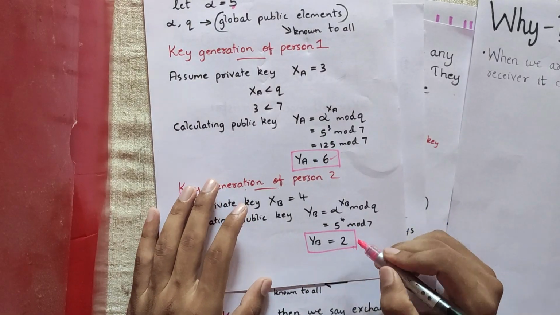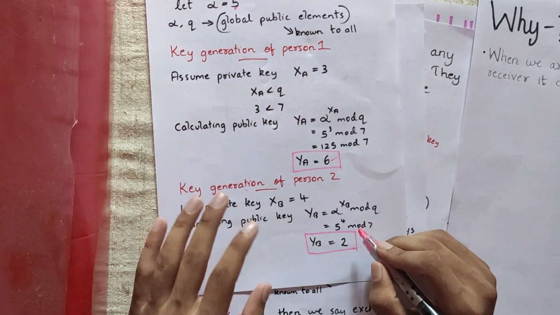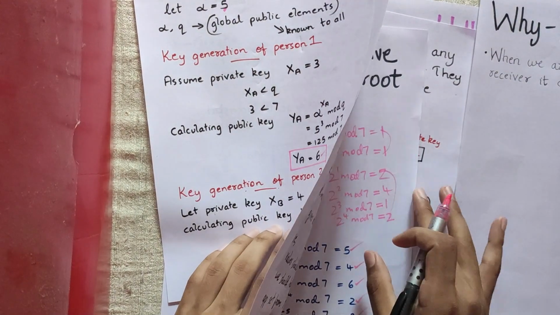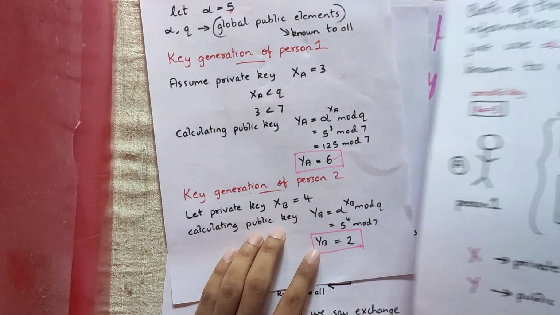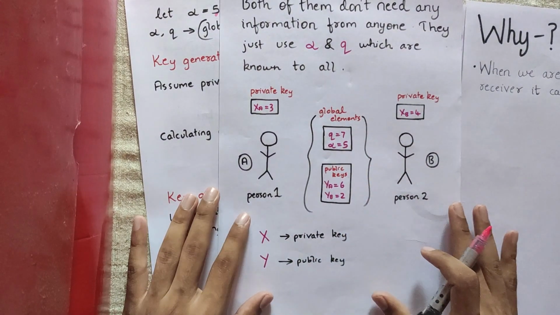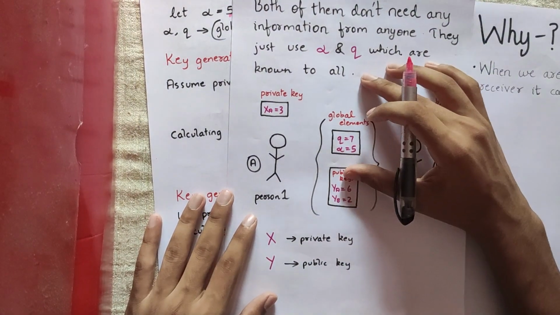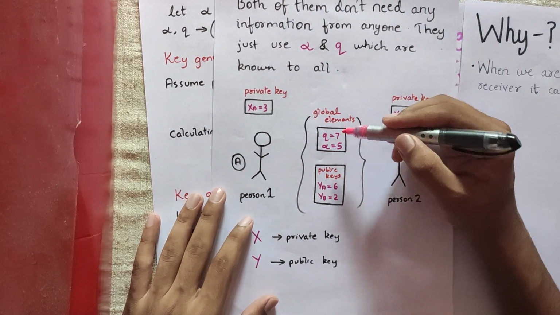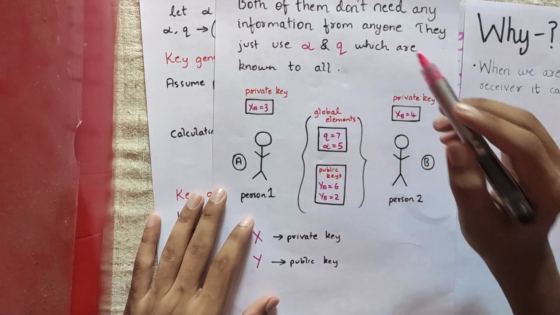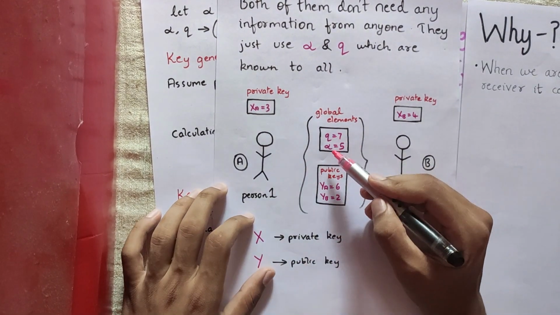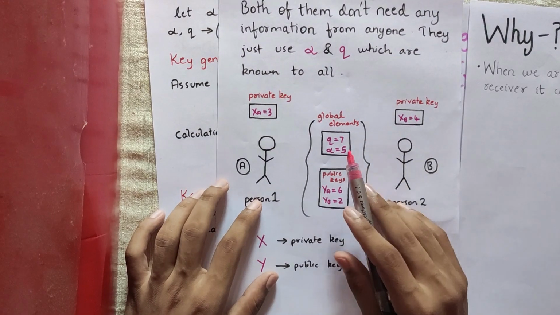I think up to this point I can explain it through a picture representation. Here is the representation of what we have done, and q and alpha are the global elements. To exchange the key between two persons, q and alpha will be known to all. They are the global elements.